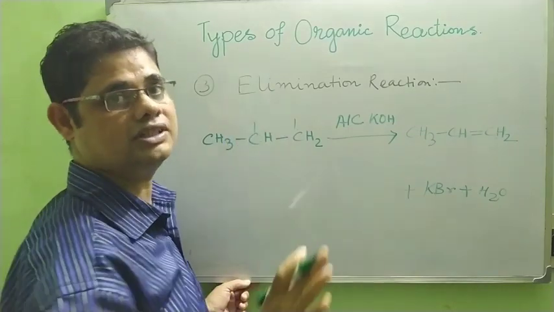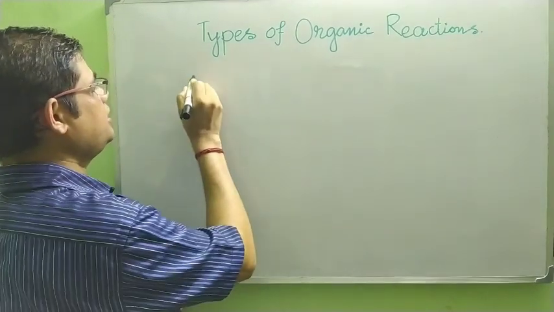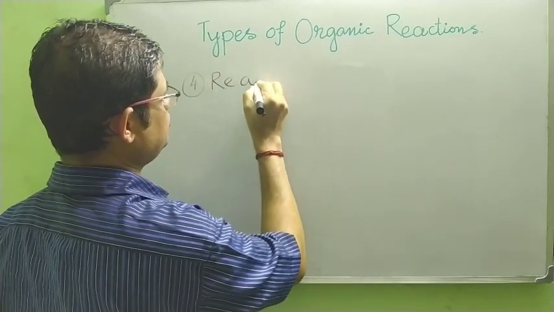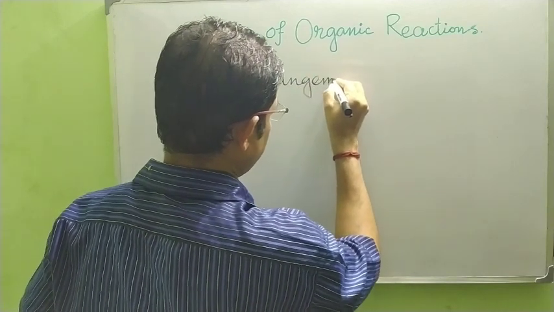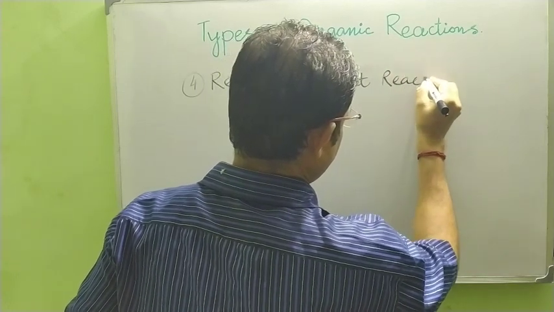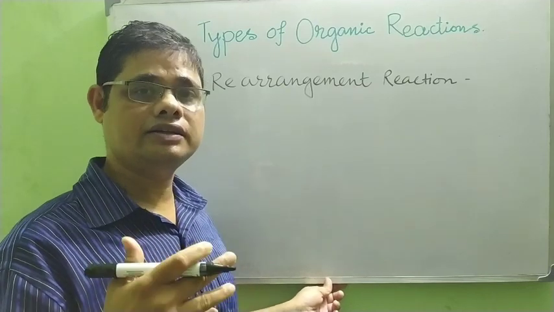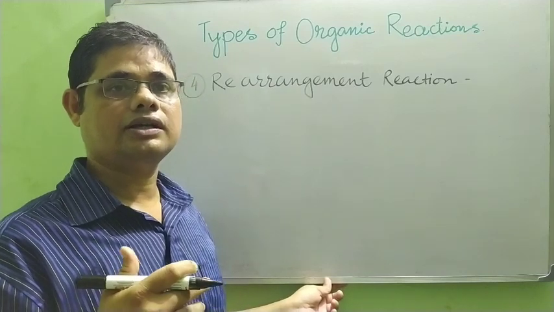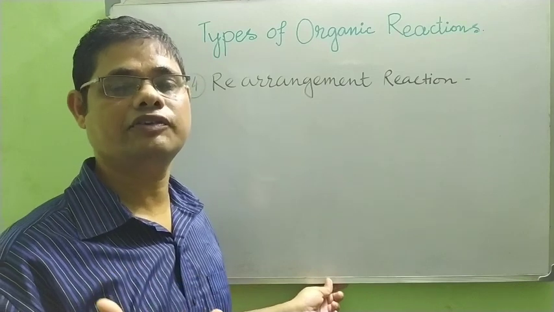If in a reaction a single bond is converted into a double bond, then we can recognize it as an elimination reaction. The fourth type of organic reaction is rearrangement reaction. In rearrangement reaction, either the skeleton of the carbon compound is modified or the functional group is modified.